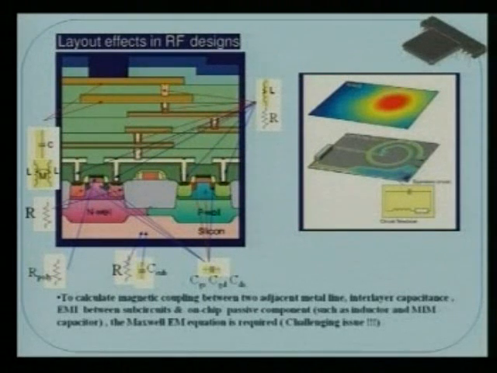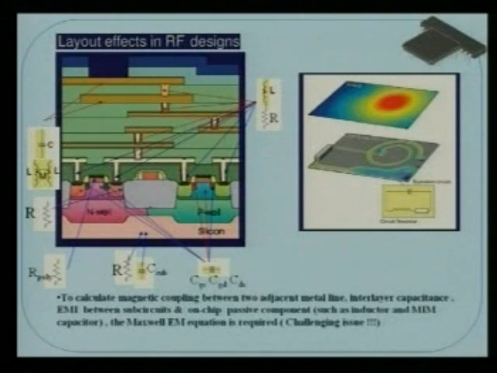For example, in case of the channel, the N plus well or P plus well have certain resistance which is replaced with R. Then the polysilicon has a sheet resistance, so that resistance will come. Then the silicon, which is the AP layer, from the substrate, the capacitance, and also the resistance.